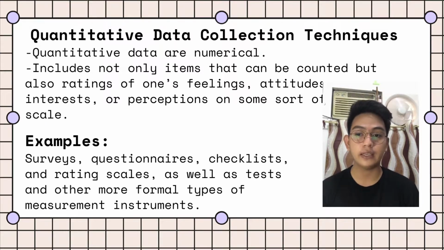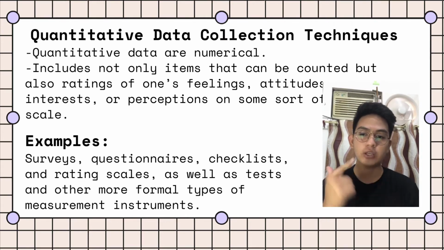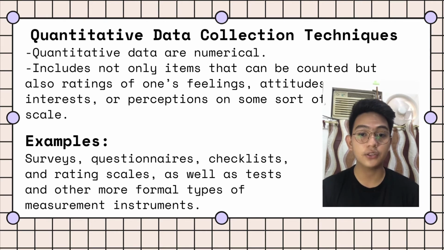Generally speaking, quantitative data collection techniques are more efficient because you can collect data from numerous individuals simultaneously. However, the depth of those data does not even begin to compare to qualitative techniques. Quantitative data collection techniques include surveys, questionnaires, checklists, rating scales, as well as tests and other formal types of measurement instruments.